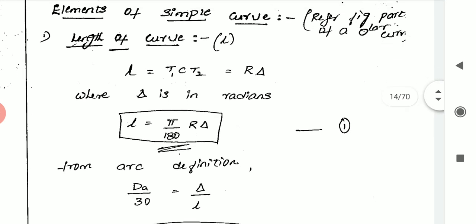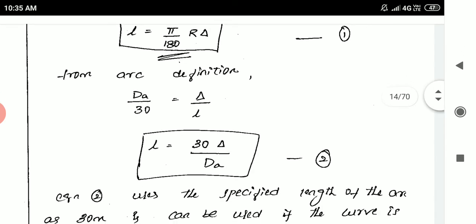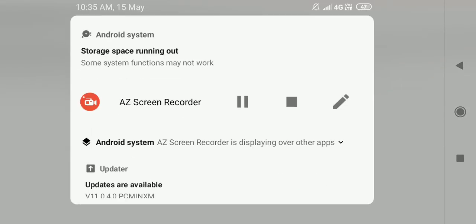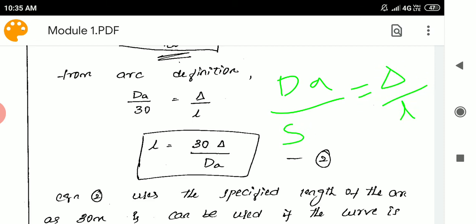Okay, this is arc definition. What is arc definition? We already derived it in previous videos: standard length equals delta by L. I want the length of the curve, so L equals S delta dA, that is the formula.